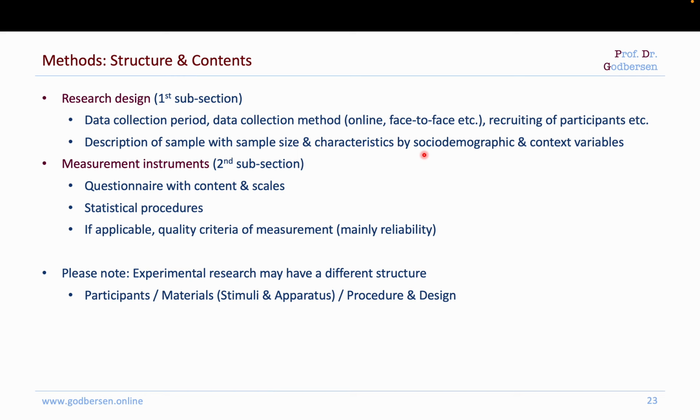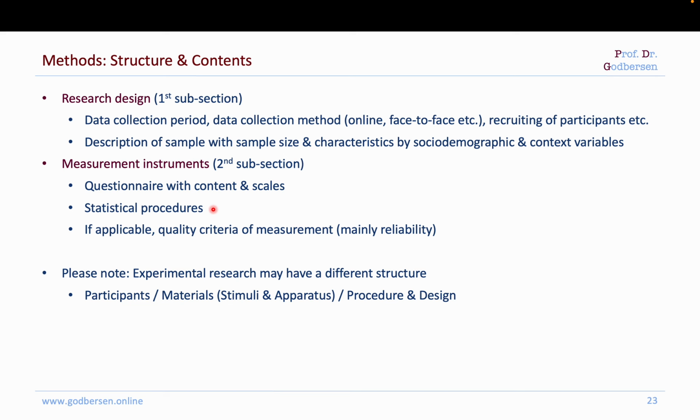In the second subsection, you will elaborate on your measurement instruments. Of course, it is of interest to the reader what was actually in the questionnaire, what questions were asked. And then, how were the constructs measured on what scales? Was it a 6-point rating scale? Was it a 5-point rating scale? How did you do this? You will state what statistical procedures you used to analyze your data.